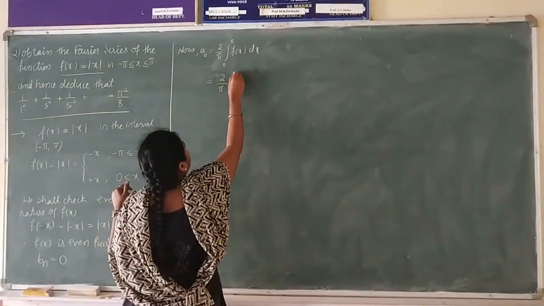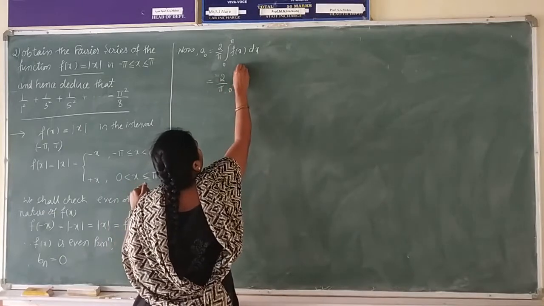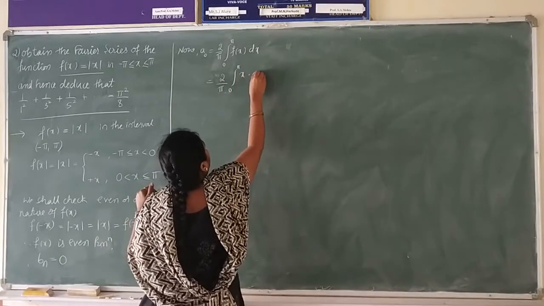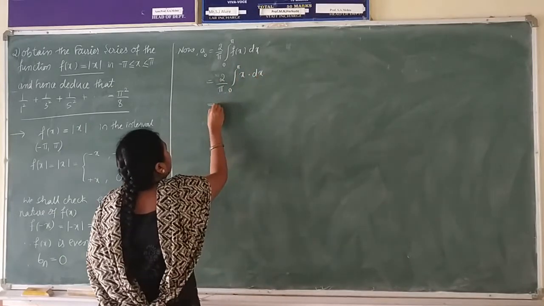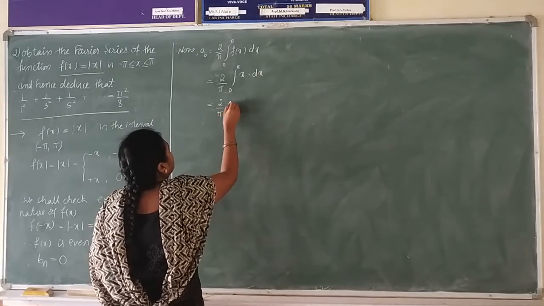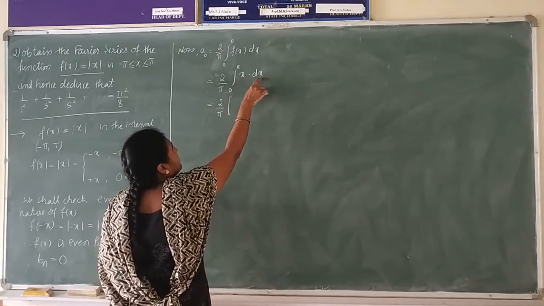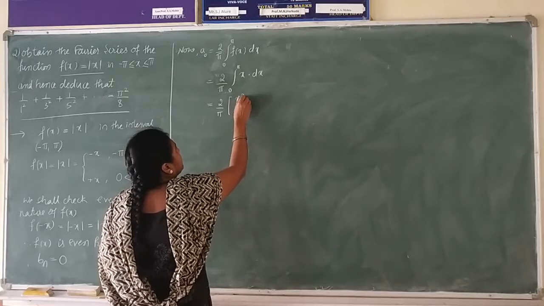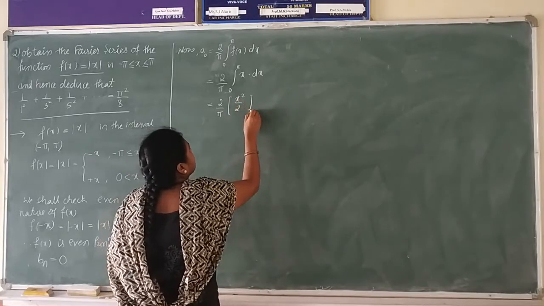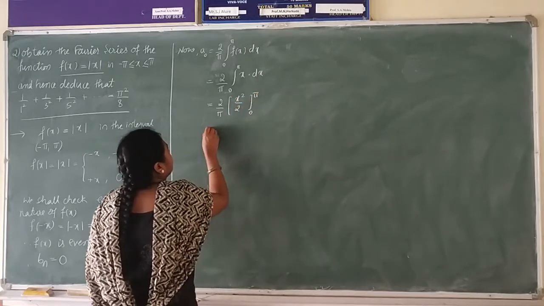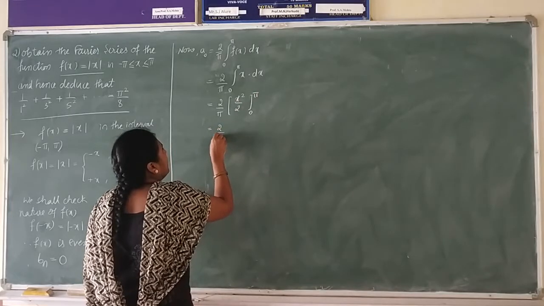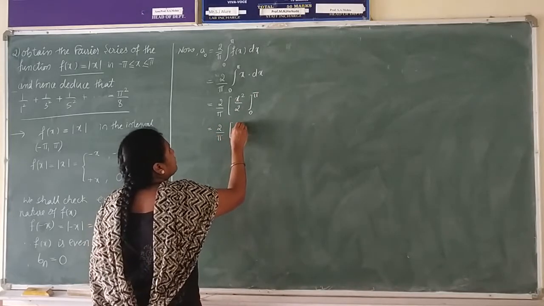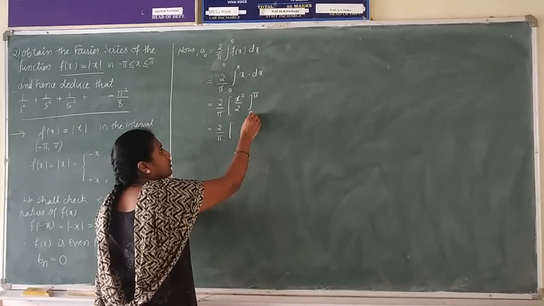a0 is equal to 2 by pi integration 0 to pi x dx. That is equal to 2 by pi, now integrate x with respect to x, that is x square by 2, from 0 to pi. Then 2 by pi into bracket x square by 2, substitute the upper limit pi and lower limit 0.